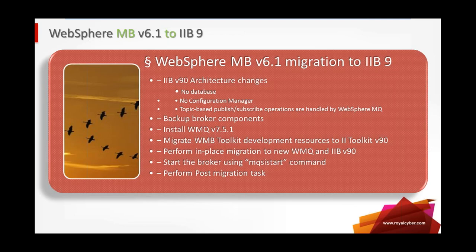In version 6.1, we have a database, we have configuration managers, and the broker manages your pub/sub kind of thing. But in IIB 9, there is no database, there is no configuration manager, and the pub/sub is managed by MQ, not by the broker.